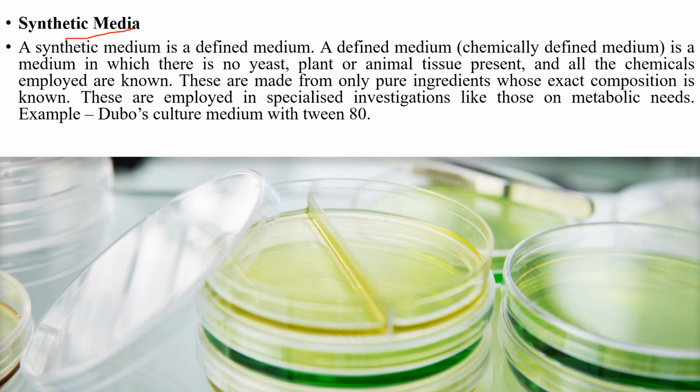For example, Robertson's cooked meat medium contains a meat source, which creates an anaerobic environment for the anaerobic microorganisms. Anaerobic microorganisms do not require oxygen for their growth, and aerobic microorganisms require oxygen for their growth.